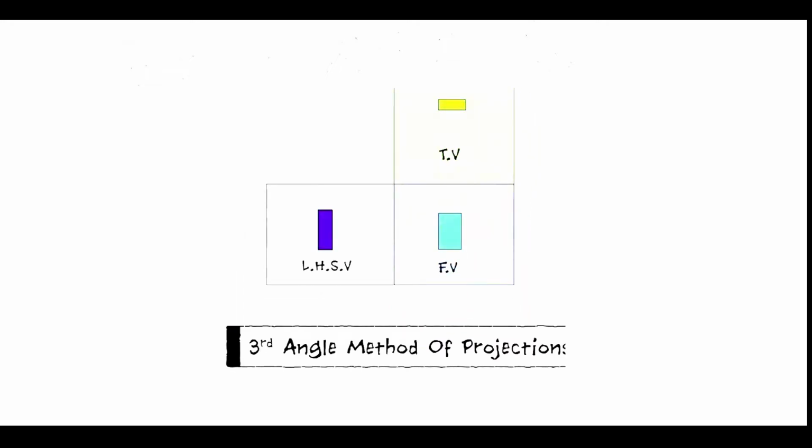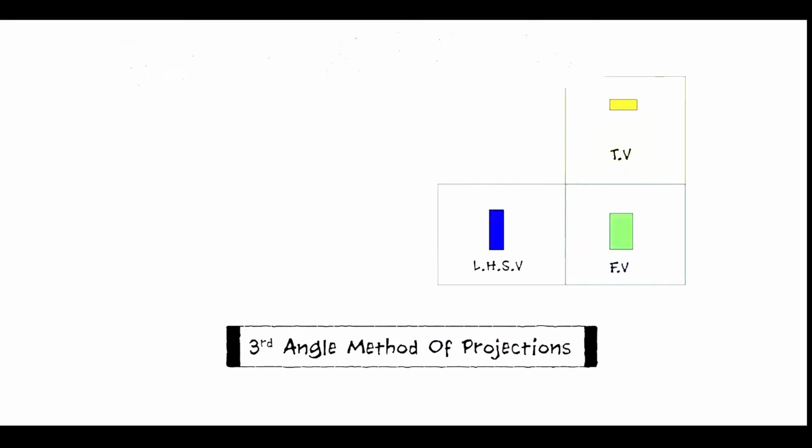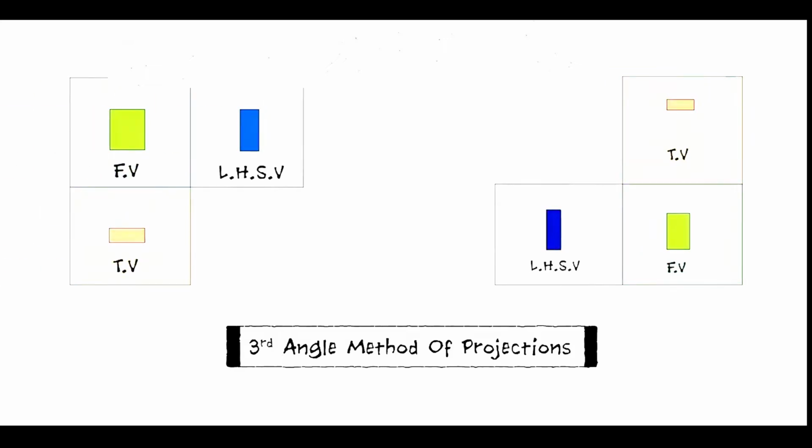When the object is in the third quadrant, the actual pattern of planes and views is shown. This is also known as the third angle method of projection and it is represented as shown. Note, according to Indian standards, we will be using only the first angle method of projection.